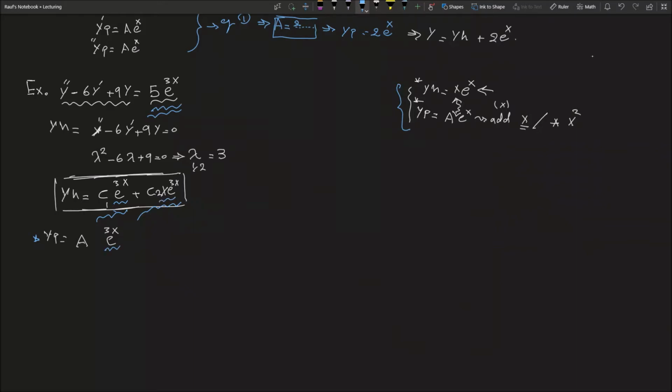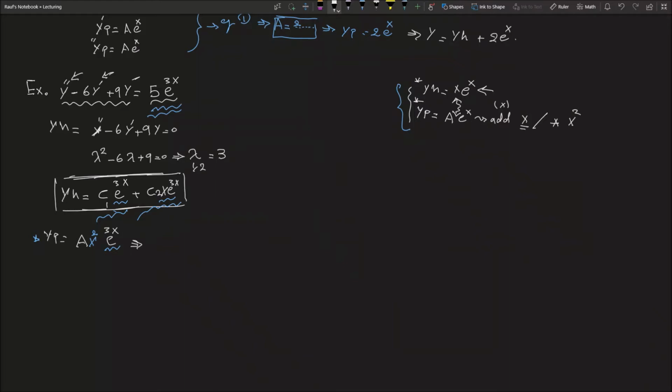The second term is x multiplied by e to the power 3x. So we need to multiply by x squared so that our solution will be differentiated from our homogeneous equation. Okay, directly we will do the second derivative so that we will be able to compensate back here.